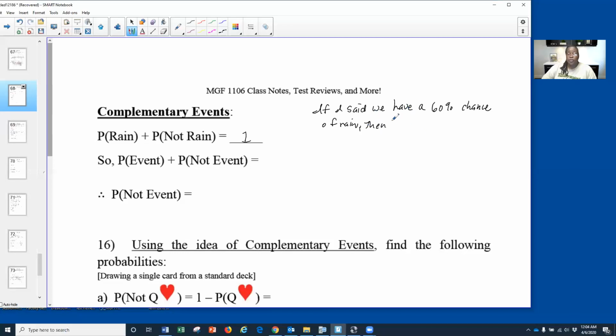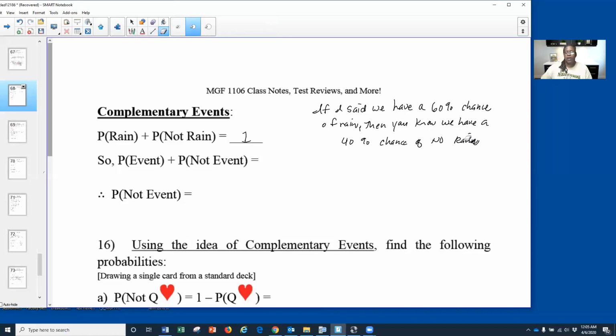That's right, 40%. Then 40% chance of no rain, right? So 40% chance of no rain.